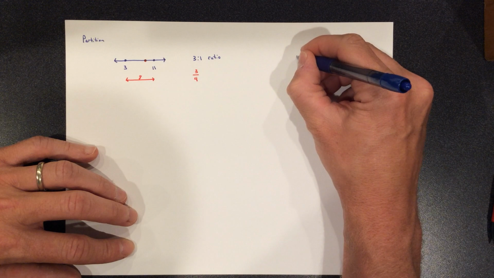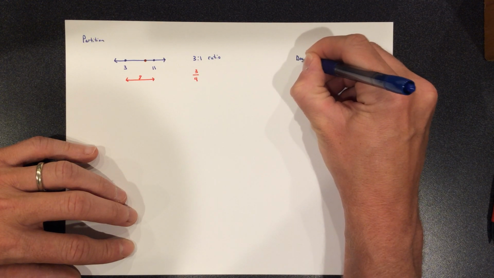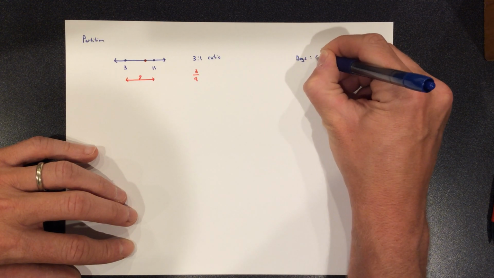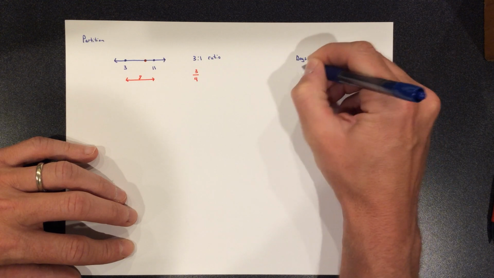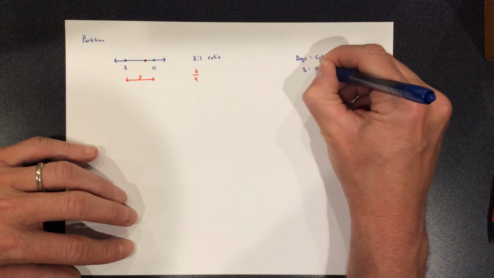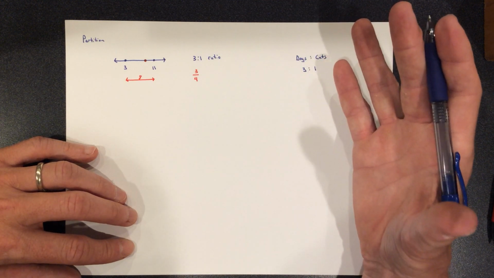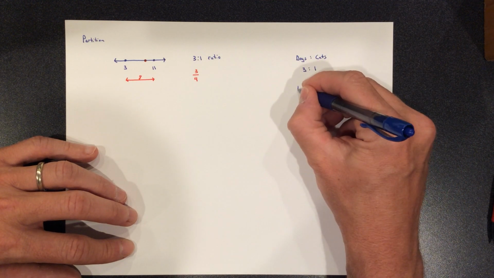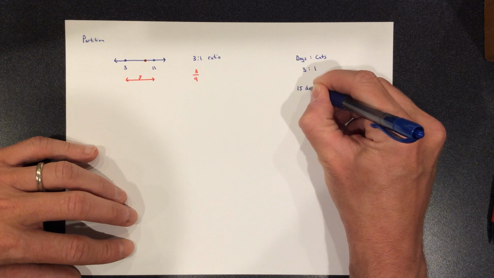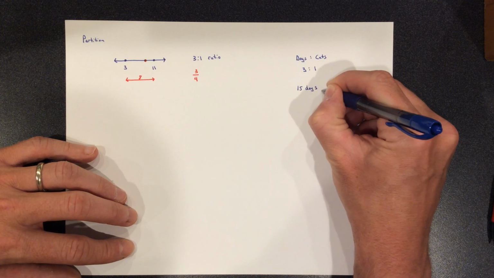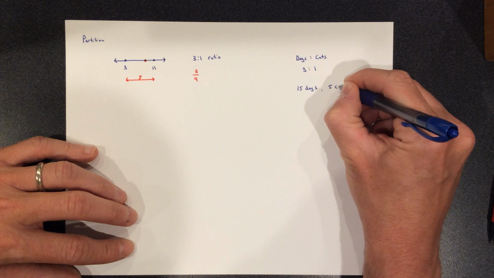Okay? Let's say that dogs to cats are in a 3-to-1 ratio. Okay? And let's say I even knew the data that really there were 15 dogs and there were 5 cats.